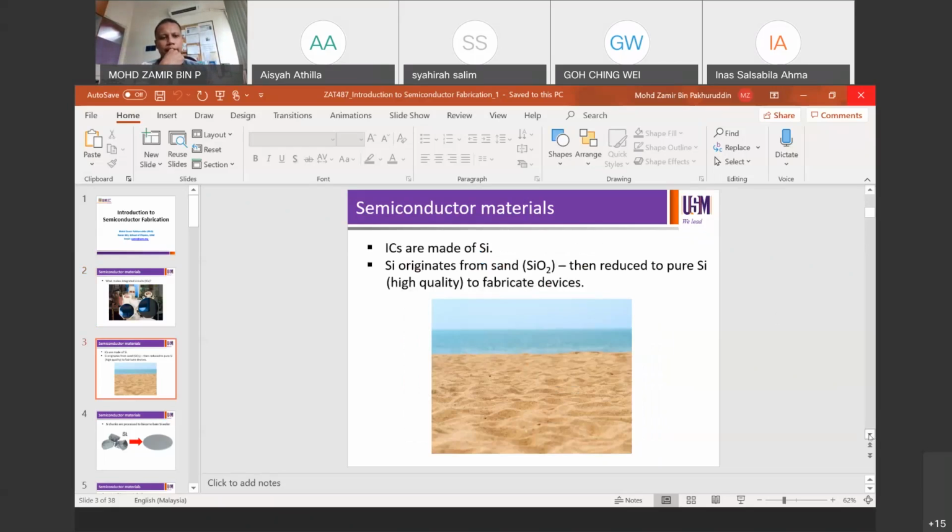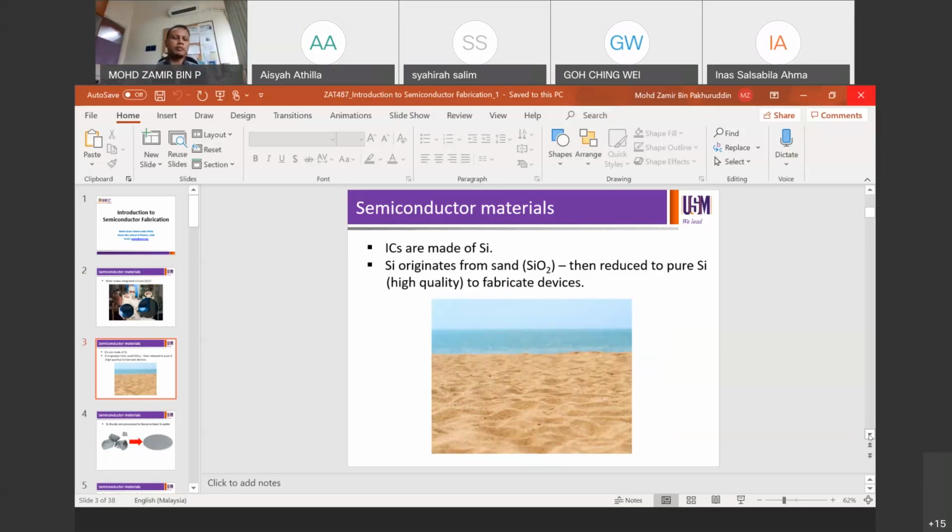So to be able to get the silicon with the right level of purity, we need to first remove the oxygen from the silicon dioxide to make it silicon, and then we need to purify silicon up to a certain purity level before it can be used for fabrication.